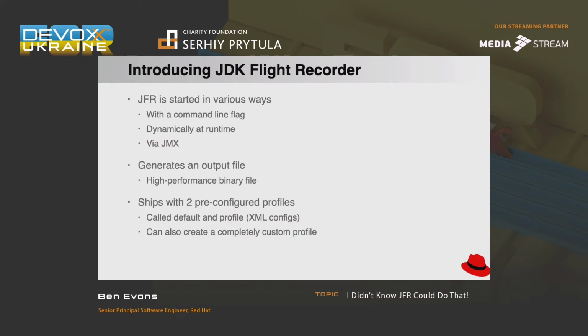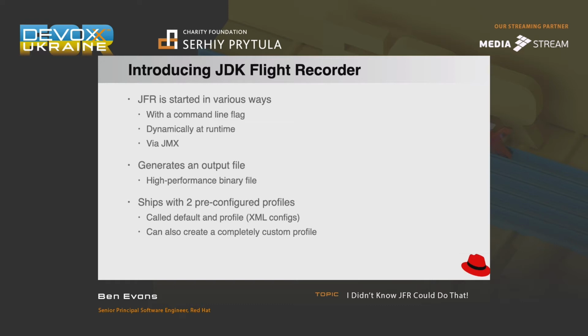This is a high-performance binary file of a certain format. I've mentioned profiles already. There are two pre-configured profiles which have different sets of switches turned on within JFR. These are confusingly called default and profile. They're represented as XML files. It's kind of weird they're called default and profile, because then we have the profile, which sounds weird.